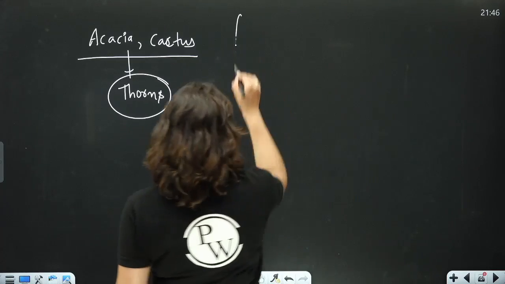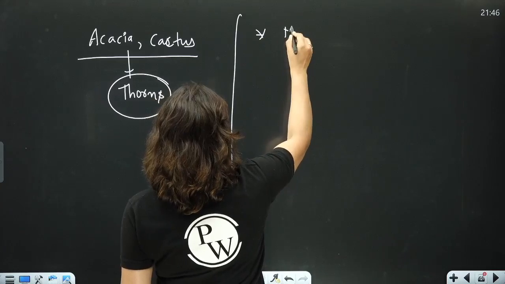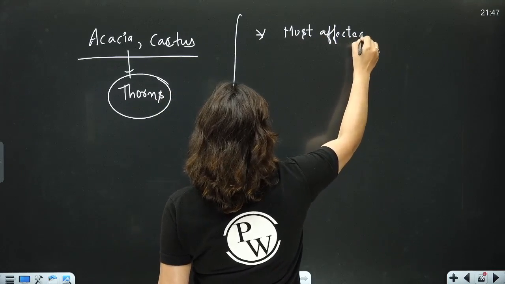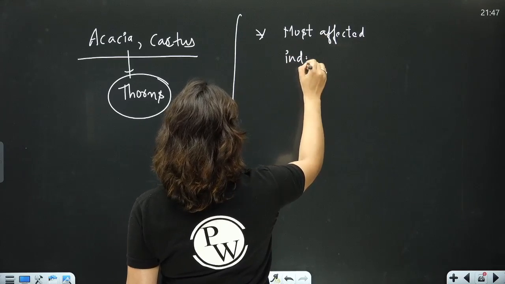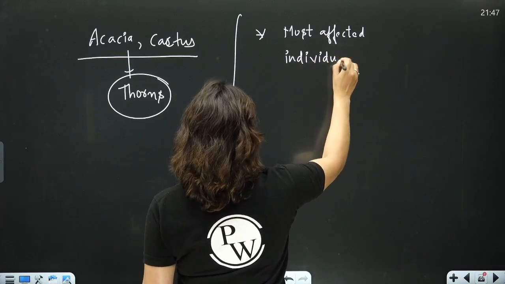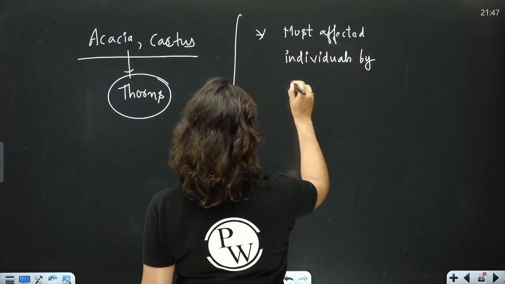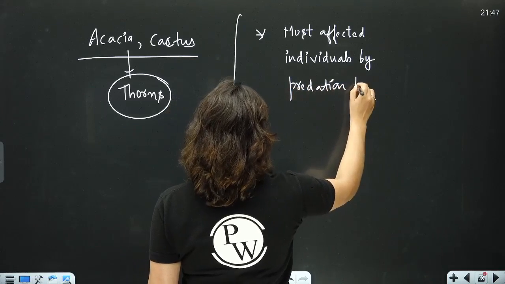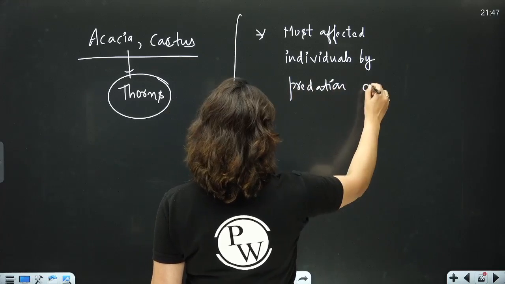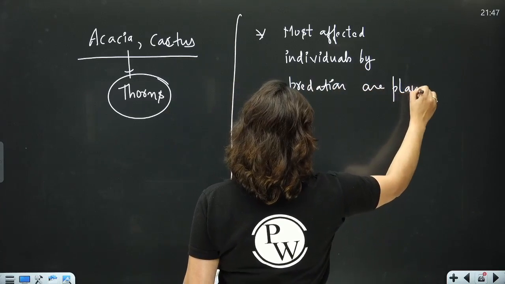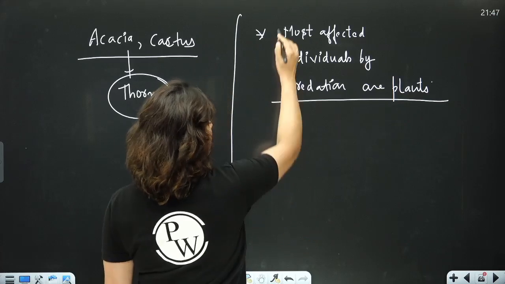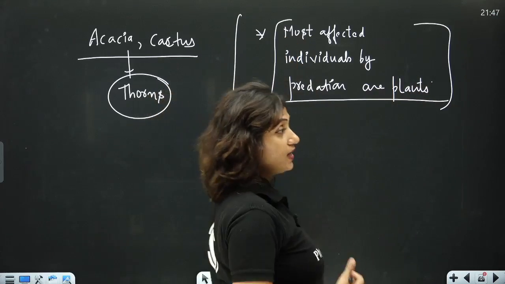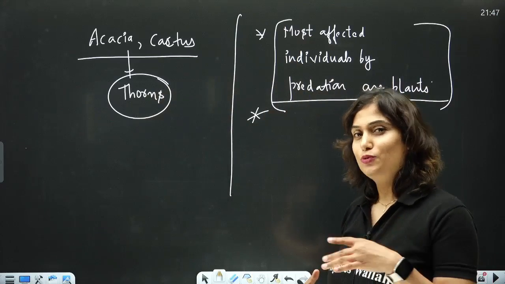So the most affected individuals by predation are plants, because they cannot move, and because they cannot move, they cannot protect themselves, but still during the course of evolution they have adapted themselves in a way that they can protect themselves without moving.